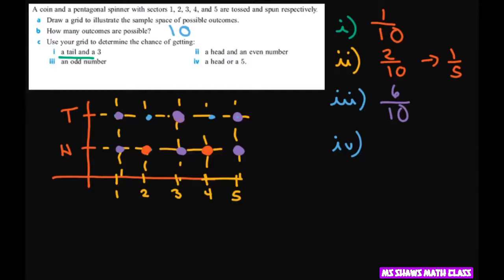So here's your 5, and there's 1, 2, 3, 4, 5. So there's 5 heads or a 5. So a 5 is just going to be 1. So that's going to equal 6/10 as well.